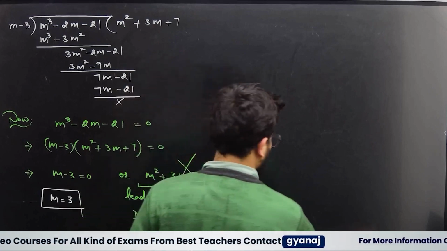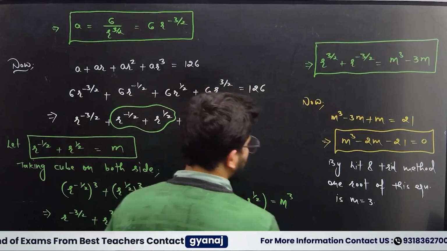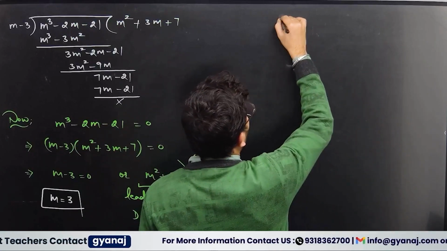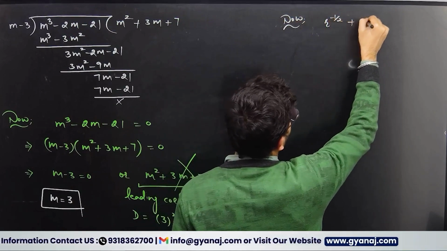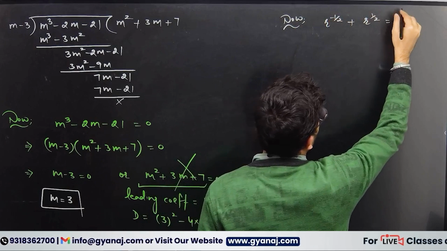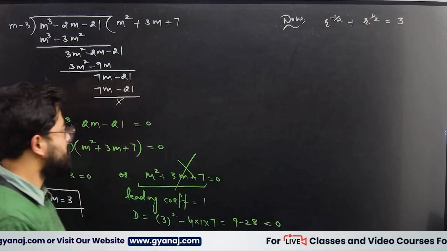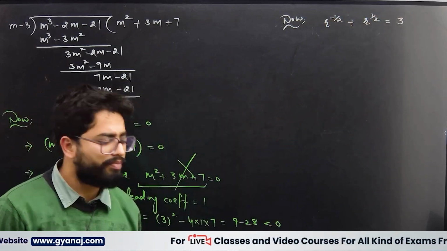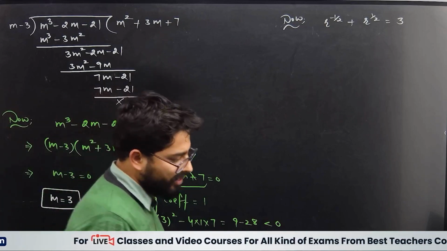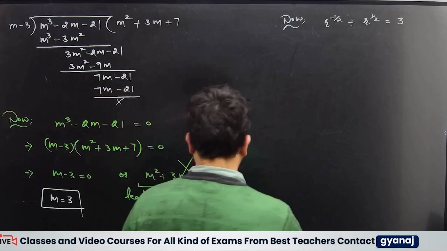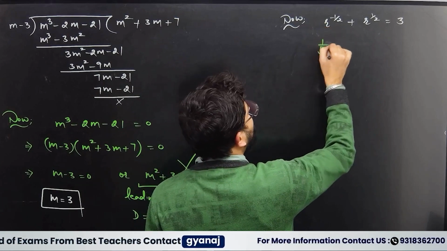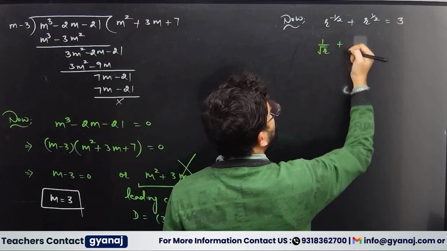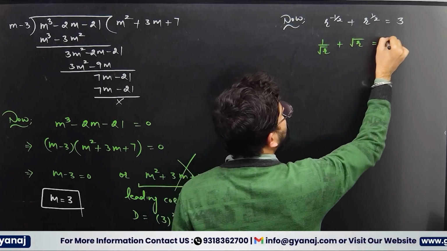Now m is 3 and we know r power minus half plus r power half is equal to 3. Got it? Now you can say this is 1 by root r when you write it, plus root r is equal to 3.